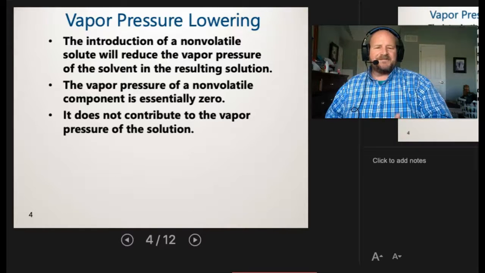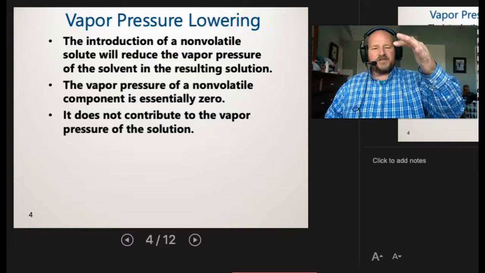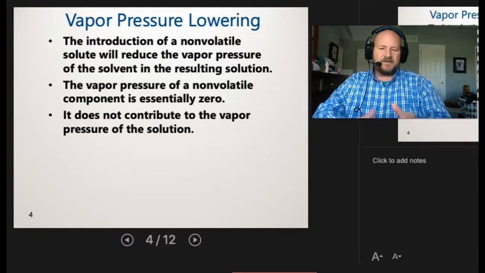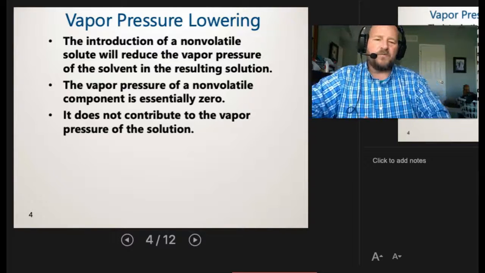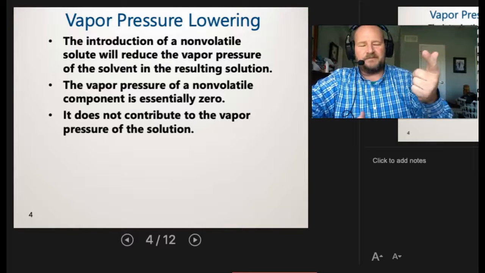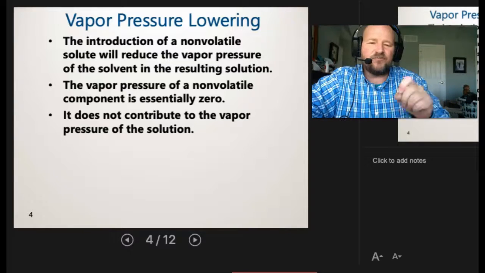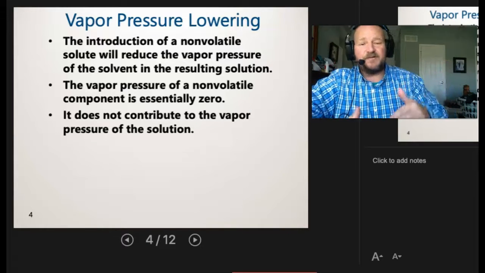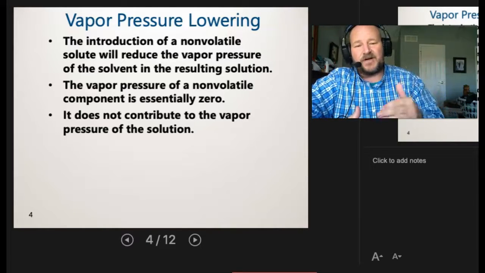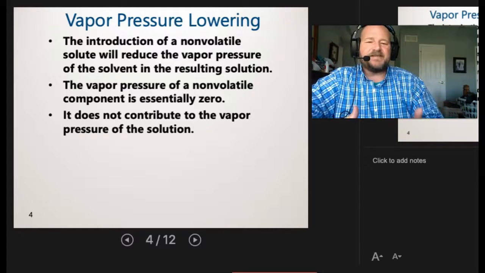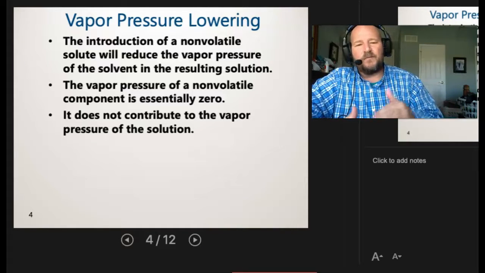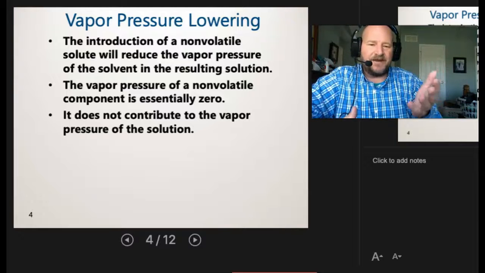So what is the vapor pressure of the solution? Well, you have atmospheric pressure, and then let's say we have water. Some of the liquid water wants to become a vapor. Okay? And if the pressure is right, then it will do that until pressure is met. Once the pressure hits a certain point, that stops. No more water turns into a vapor.